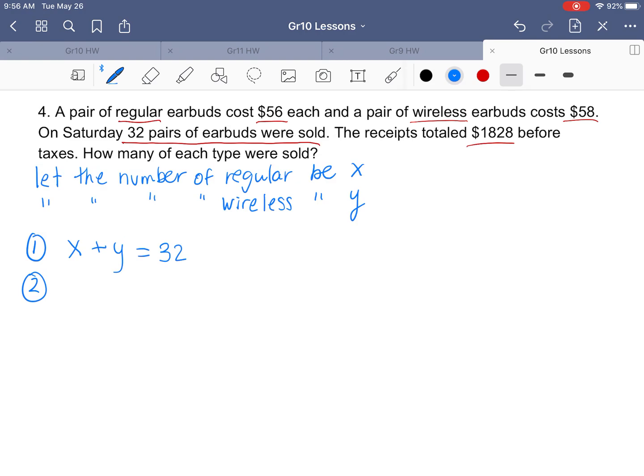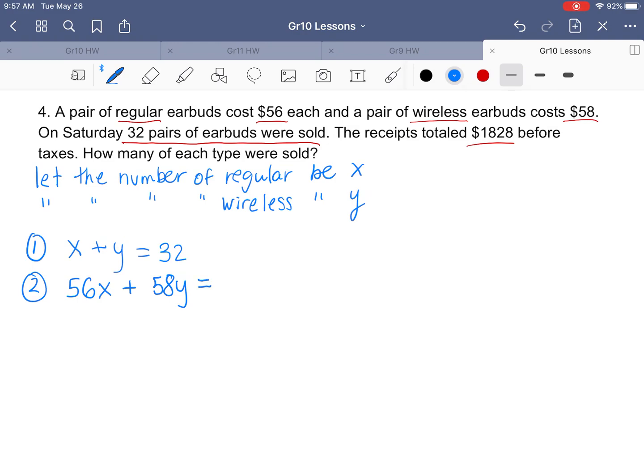First we're going to think about how to represent the cost of all of the regular earbuds sold. X represents how many regular earbuds have been sold, and they're each $56. So we're going to write 56 times X, and that represents all of the money from the regular earbuds sold. We add that to 58 times Y, which represents all of the money from the wireless earbuds sold.